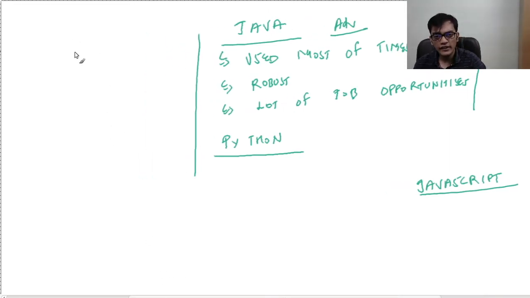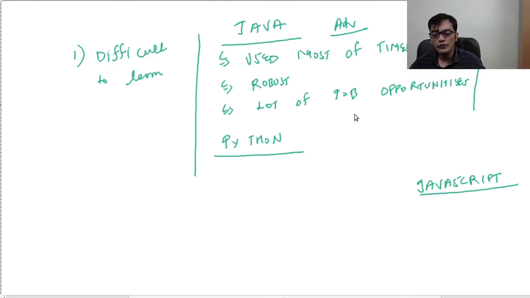The disadvantage of Java is that it is difficult to learn. And when I say difficult to learn, I don't mean that it requires some special skills to learn. It's mainly time consuming, because it's a very strong language. There are a lot of concepts that we need to understand if we have to master Java. So it is time consuming to learn.